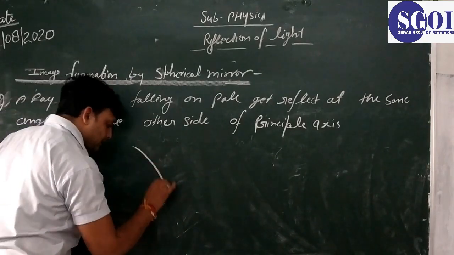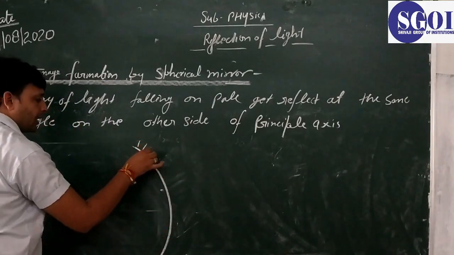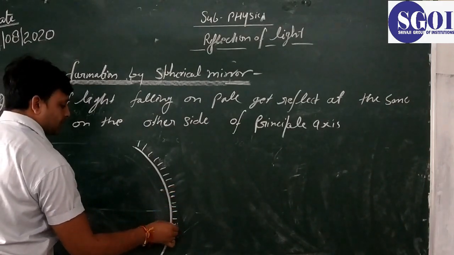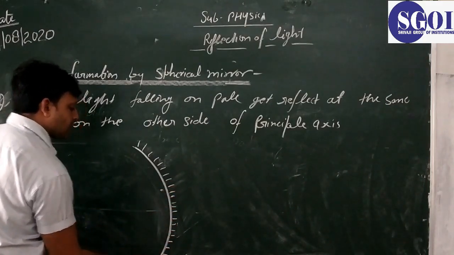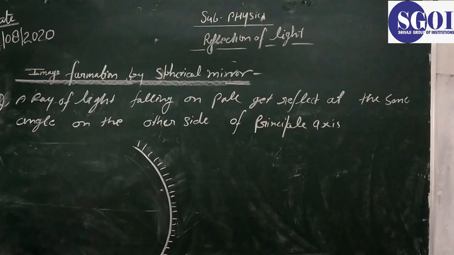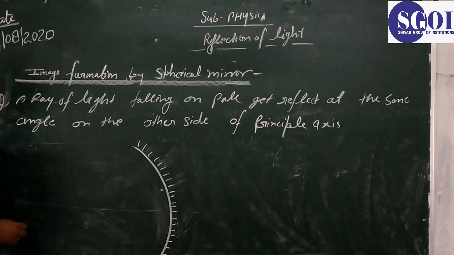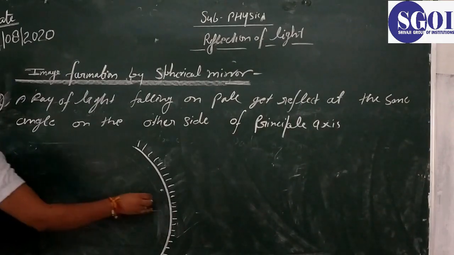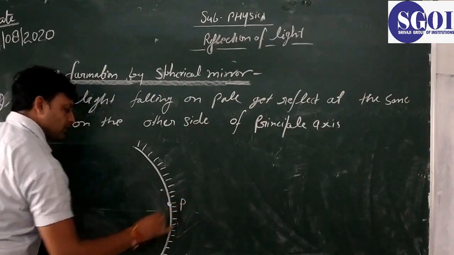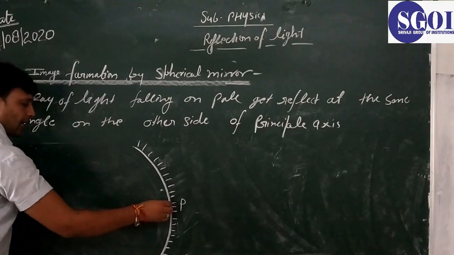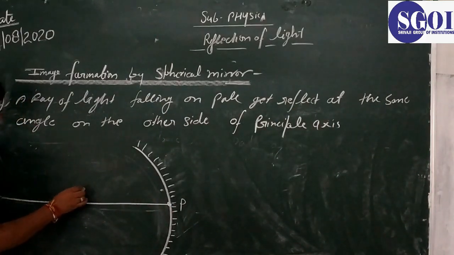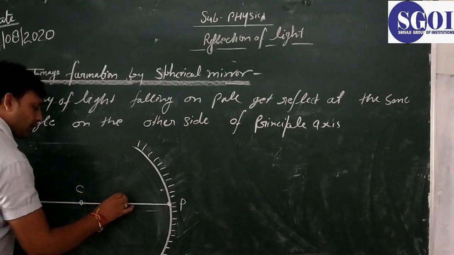This is a concave mirror because its outer surface is polished and its inner surface is the reflecting surface. This is the pole and this is the principal axis. This is the center of curvature and this is the focus.